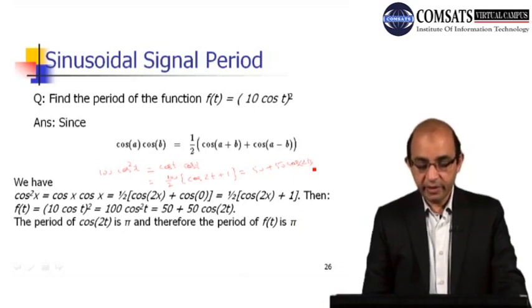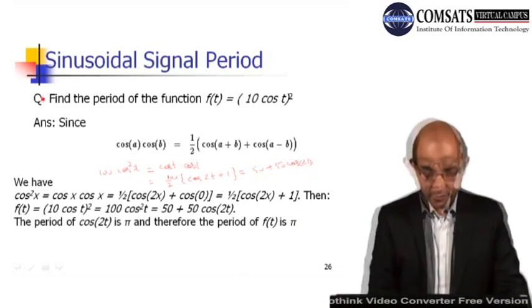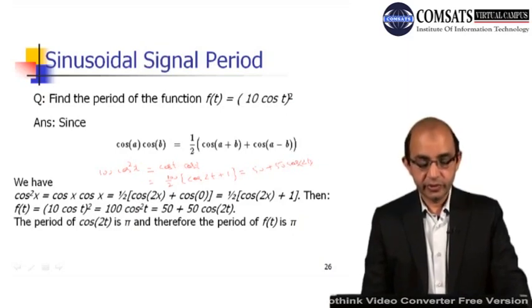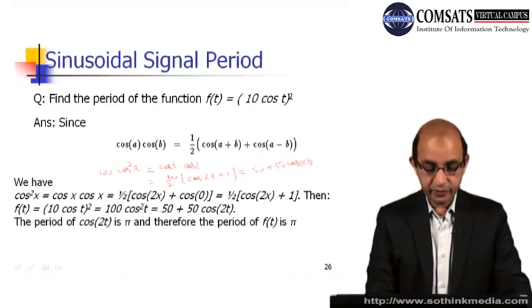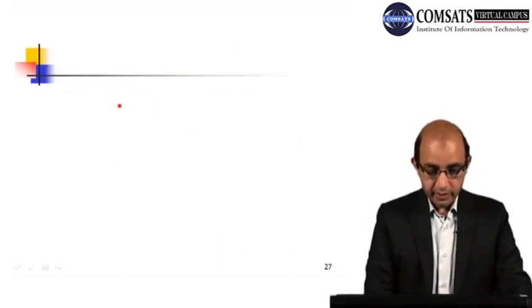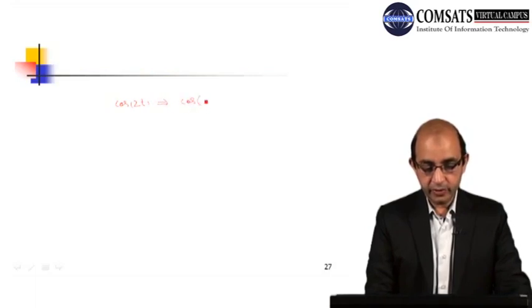So how will we evaluate the period? We will be having cos 2t, and how will we calculate the period of f of t? If we talk about the cosinusoid, we have cos of 2t. Let me write down, because we know that I can write this as 2t plus 2 pi n, where n is an integer.